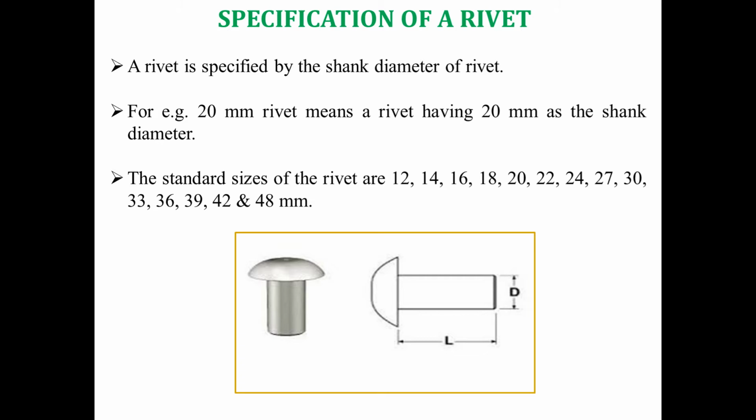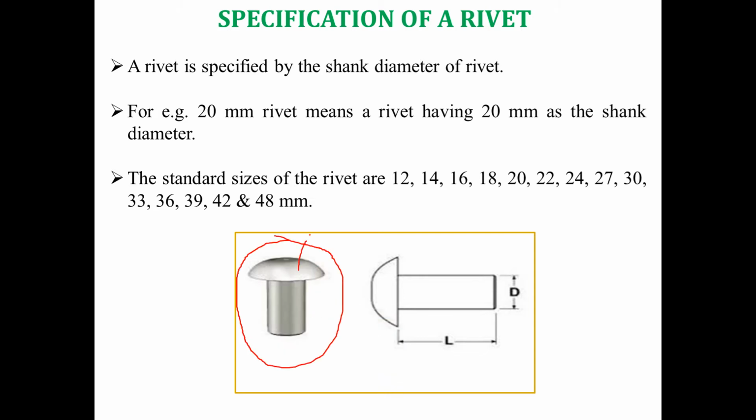That means if you want to buy a rivet from a market, you have to tell the shopkeeper about its specification. So what is the specification of a rivet? A rivet is normally specified by its shank diameter. I repeat, a rivet is normally specified by its shank diameter, which is very much clear from the diagram. This is my rivet.